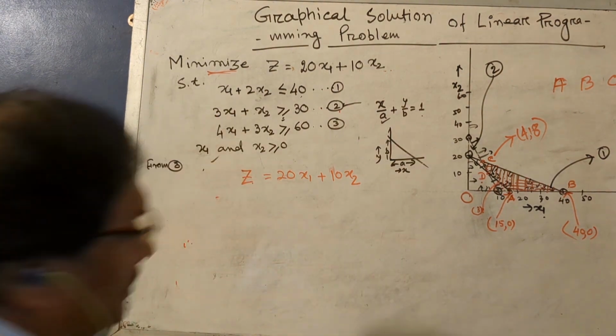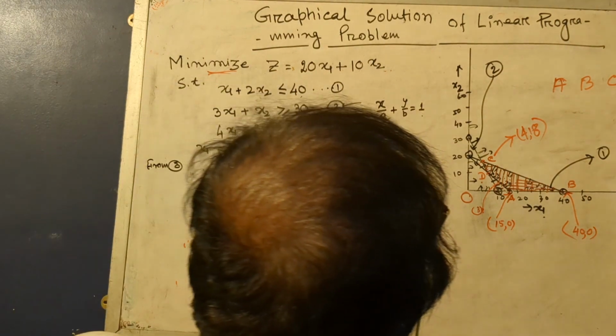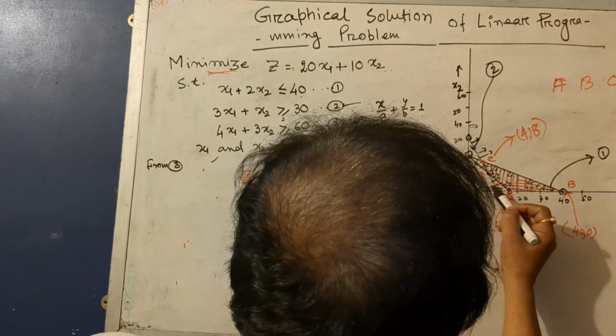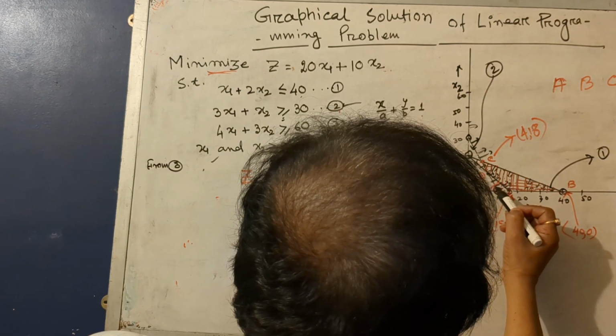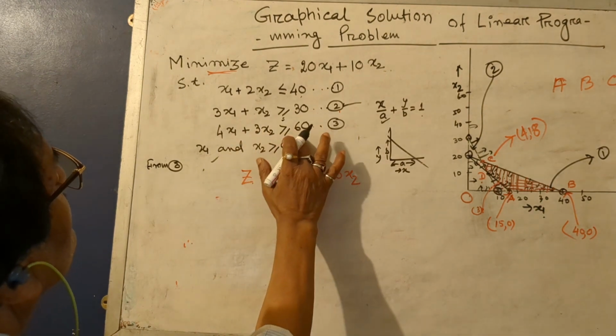Now to get the point D, you have to solve this equation. This is 3 and this is 2.